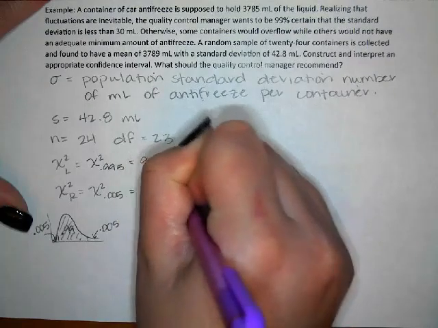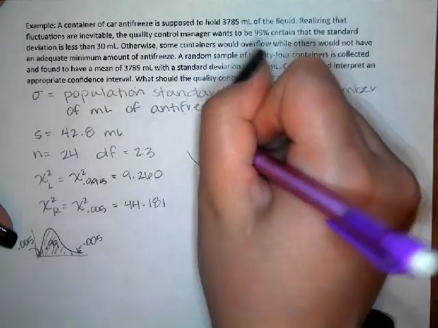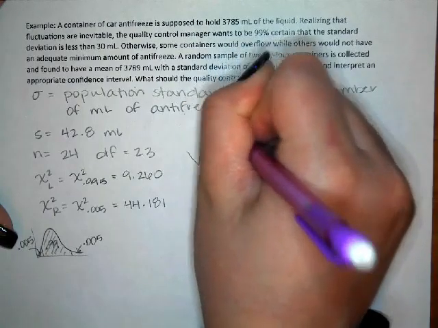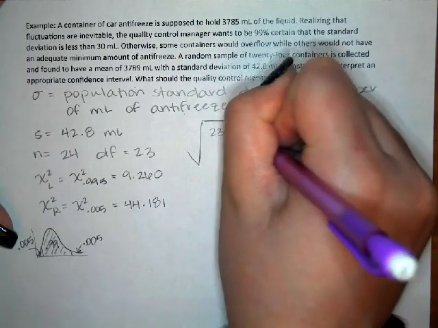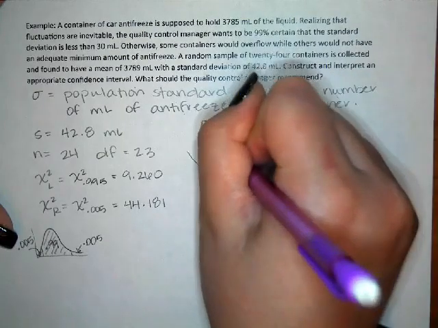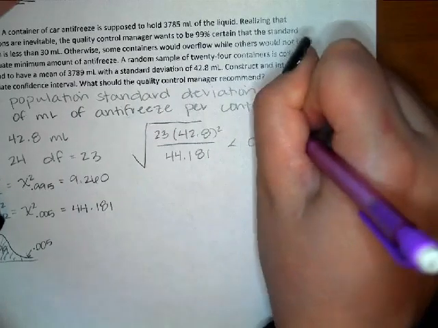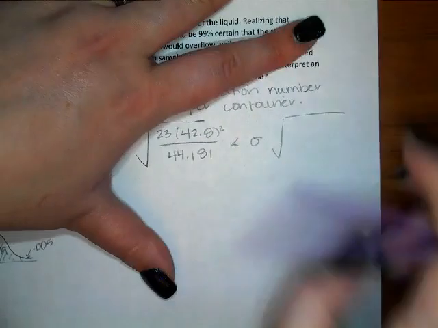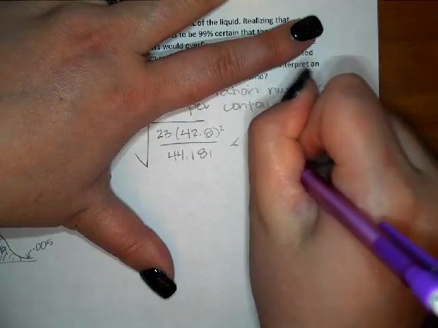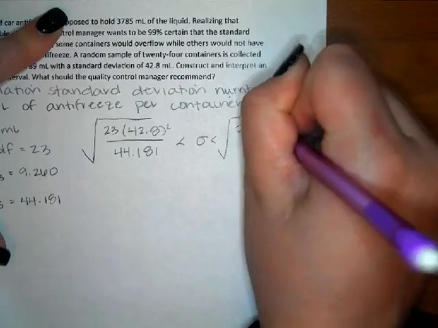So I've got the degrees of freedom times the standard deviation squared divided by the larger number. This is my inequality. Degrees of freedom, standard deviation squared, smaller number.